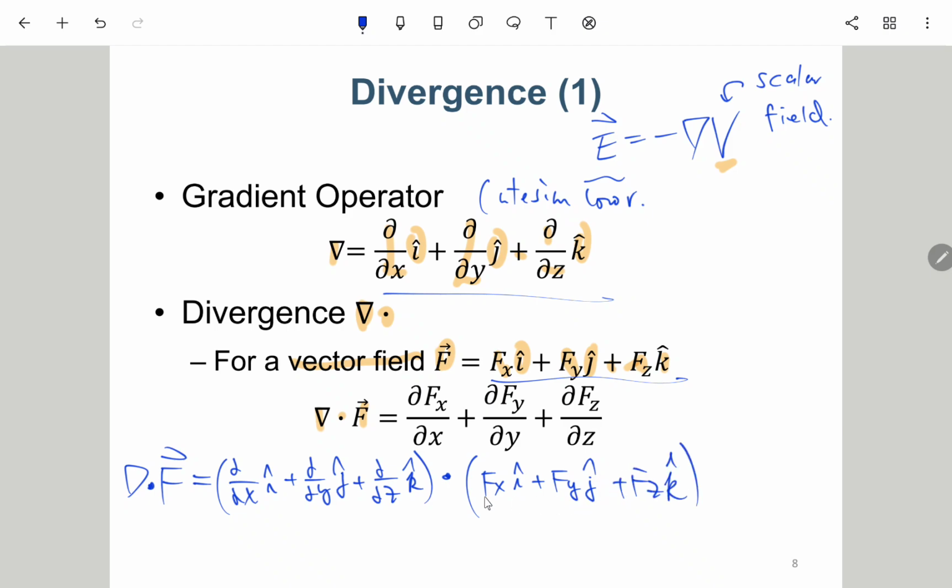So you need to distribute. This one distributes to this 1, 2, 3 terms, this one distributes to this 1, 2, 3 terms. So altogether we will have 9 terms.